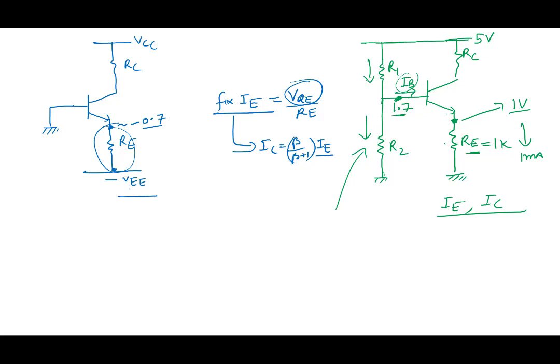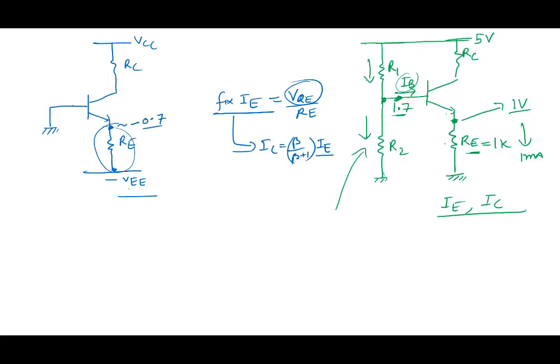Now, if IB is variable, it will cause this voltage to change. And if this voltage changes, then again my IE and IC will become beta dependent.